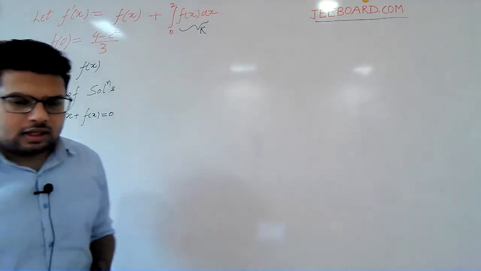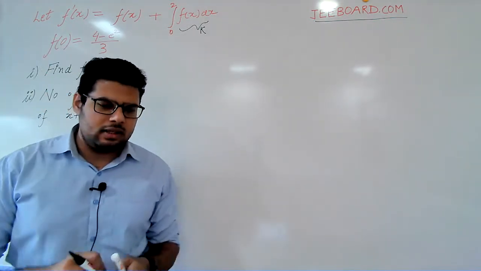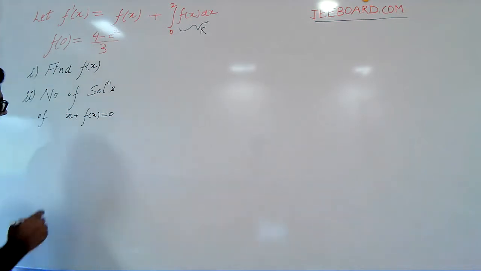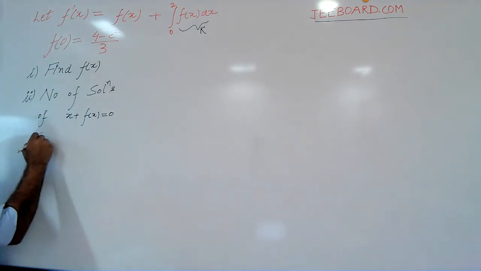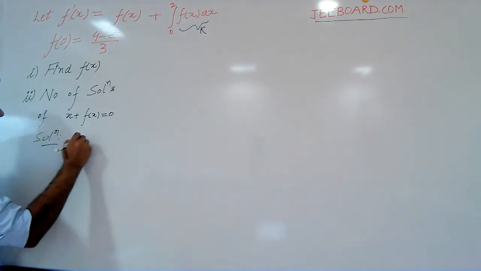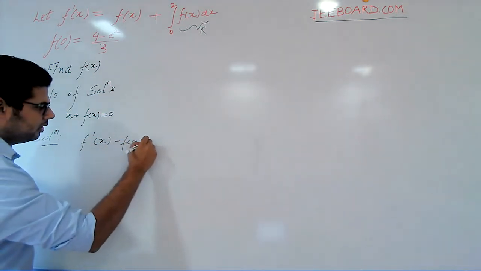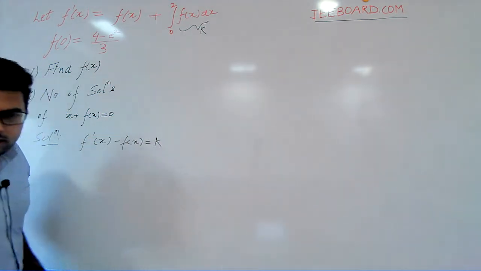Fine. Now, by taking this constant as k, we have this differential equation. Take f of x on this side. So this becomes f dash x minus f of x equals k, right?